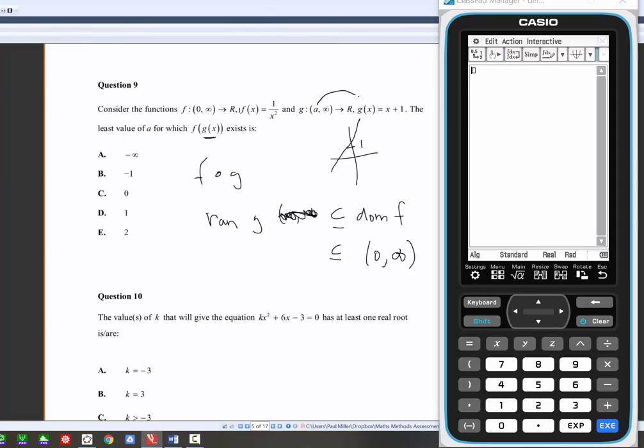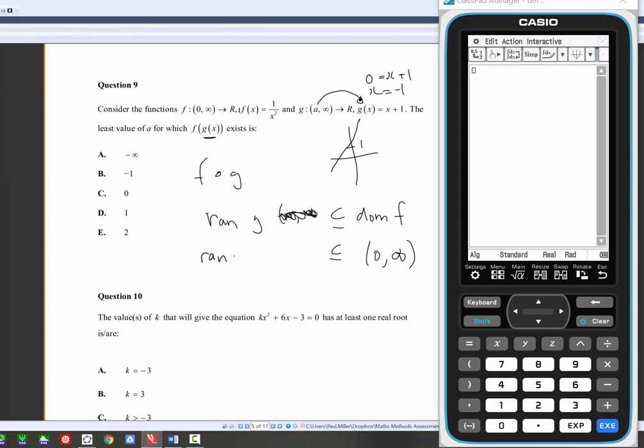And that's like saying to g of x, hey, for what values of x are you going to be 0? That's what I want to find out, really. I'm going to go 0 equals x plus 1. x is equal to -1. And that's actually going to be my value of a.